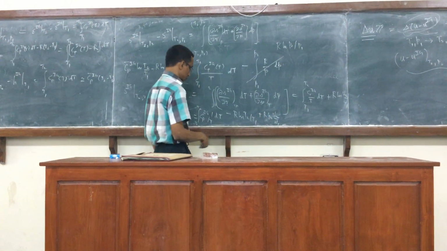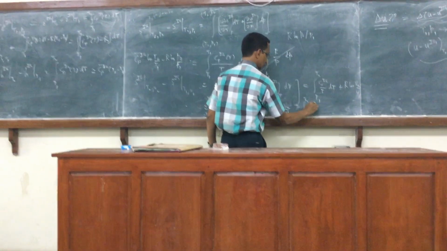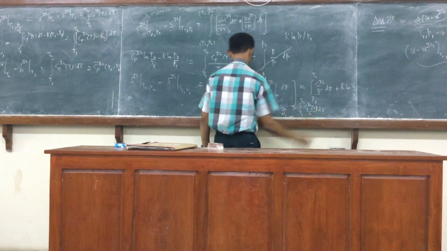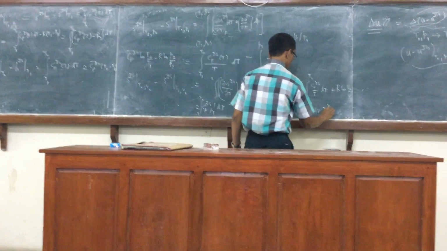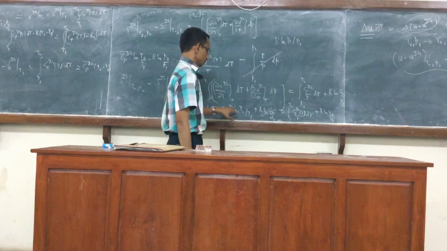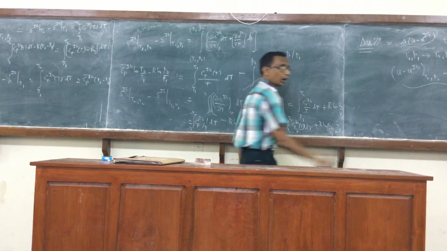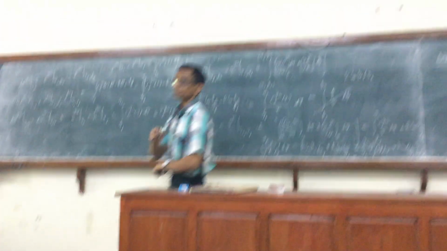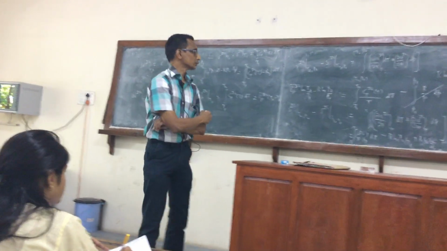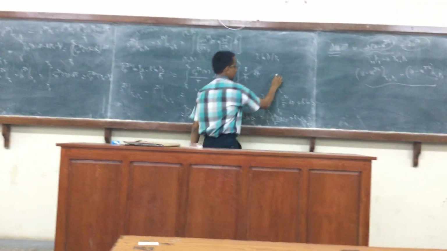Of course, you can combine the two and write this as plus R log V2 by V1, right? So times T1 by T2. Now, are these two the same or are they different?